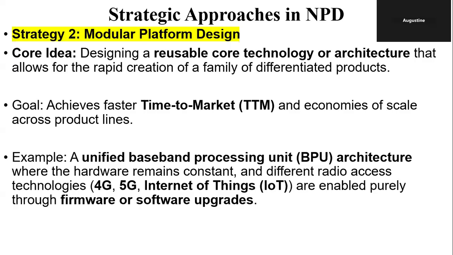And if 5G and other new generations start emerging into the Ghanaian markets, then the phones will be able to adjust. But of course, that platform should have been already made available in the phone's architecture.